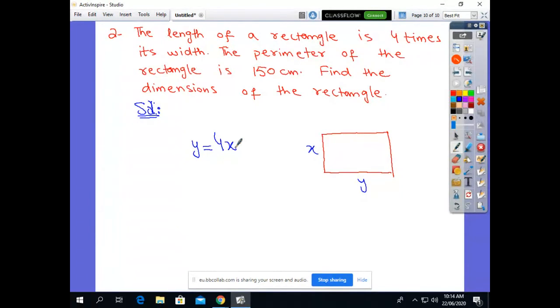Width is x, length is y. How do we relate this equation? The given statement is the length of a rectangle is 4 times its width. We write length equals 4 times its width.